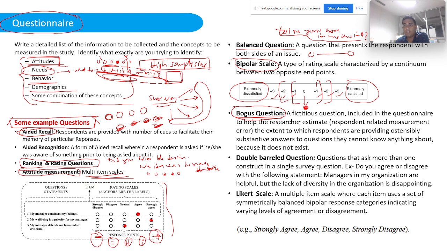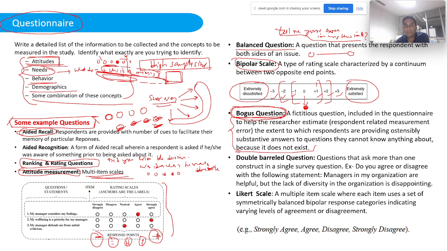However, if the user gives a correct answer, or does not answer that particular question, or gives an answer which leads to the conclusion that he did not actually read the question itself, that means you cannot use his questionnaire results or responses to analyze the data. So sometimes you use these tricks.